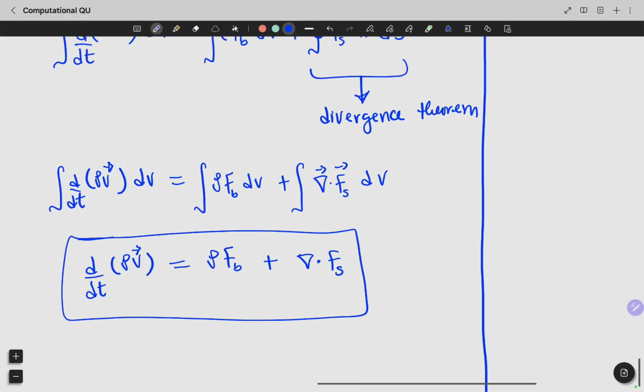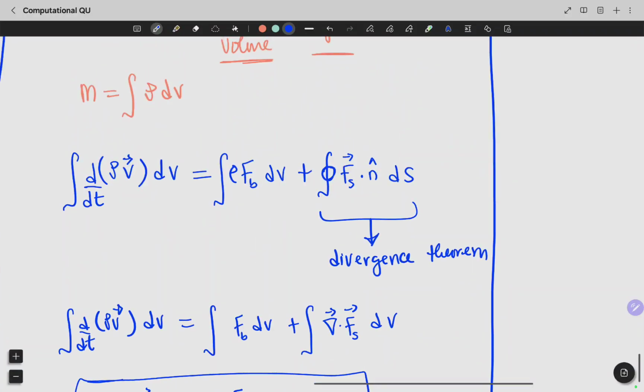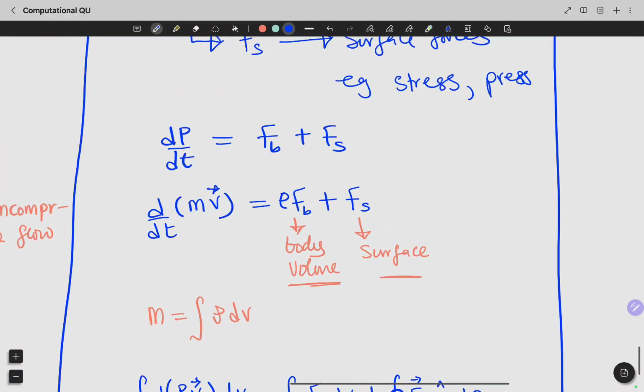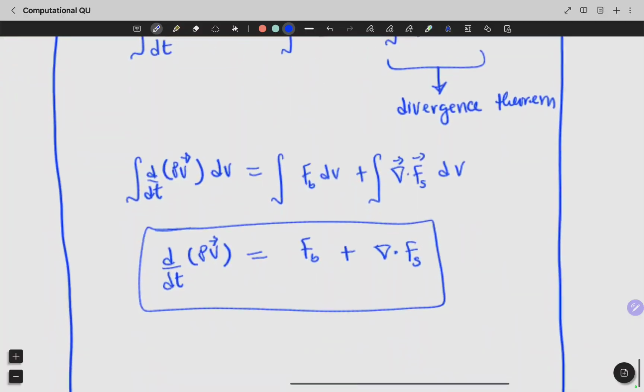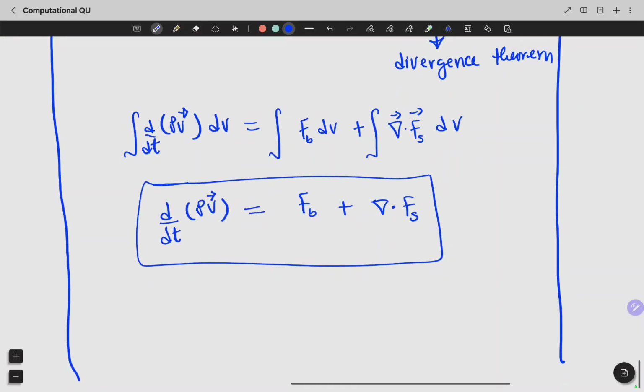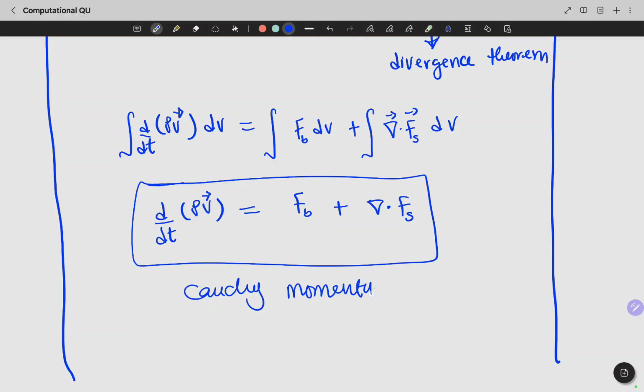There is a mistake I made. This fb does not have rho because it's a standalone force, so rho does not follow, sorry. Yeah, so it's a standalone force. This is the Cauchy momentum equation.